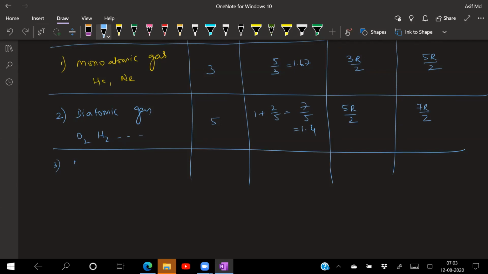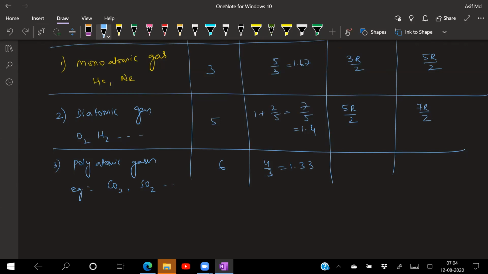The third one is polyatomic gas. Polyatomic gases, for example carbon dioxide, SO2, and so on. Number of degrees of freedom is 6. Gamma is 4 by 3, that is 1.33.